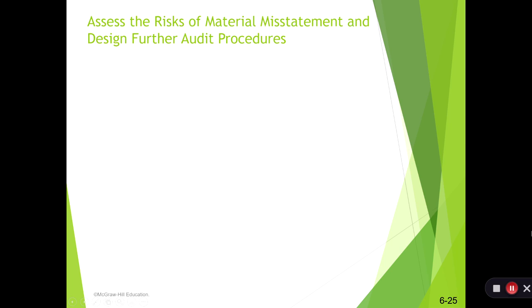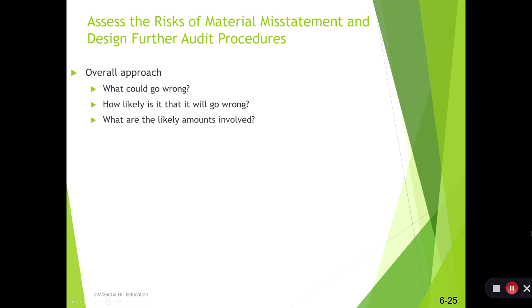Okay, so when we're assessing the risks, overall we're thinking about what could go wrong in terms of the financial statements. So, for example, we could have revenue that is invalid, right?